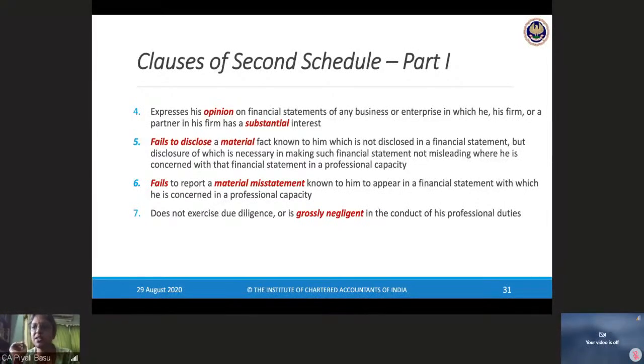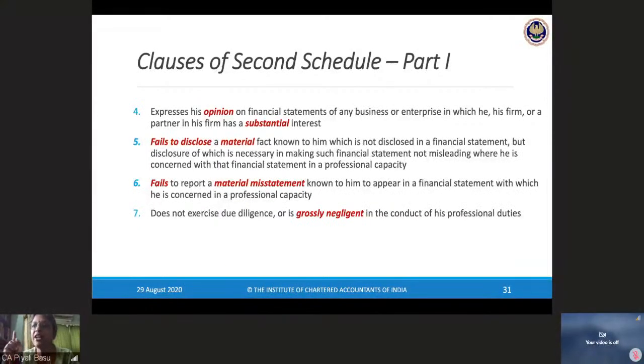He didn't disclose it. So what's wrong? What could go wrong if he didn't disclose it? The financial statement is misleading because he didn't disclose it. If he had disclosed it, it would not be misleading the readers of the financial statement, the stakeholders who would be reading the financial statements.